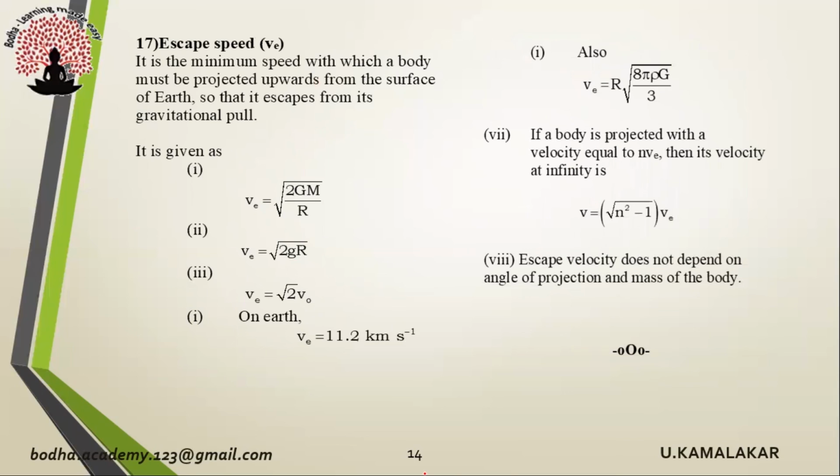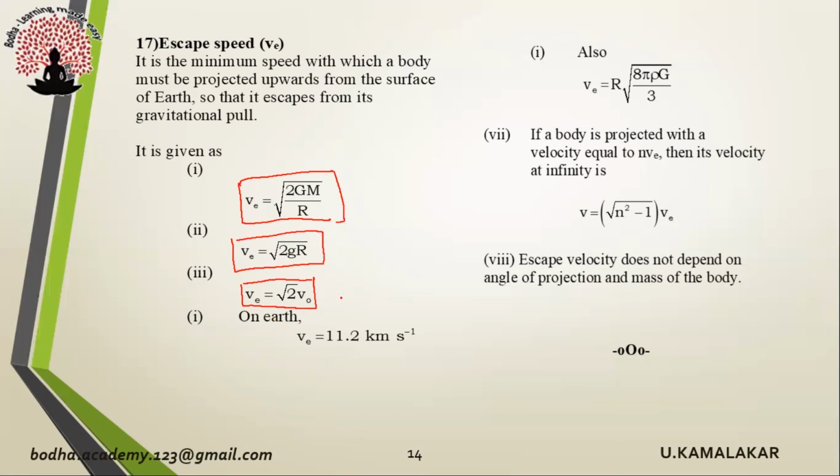Escape speed. It is the minimum speed with which a body must be projected upwards from the surface of Earth so that it escapes from its gravitational pull. Escape velocity is given as V is equal to under root 2 capital G capital M by capital R. Escape velocity is also given as under root 2gR.